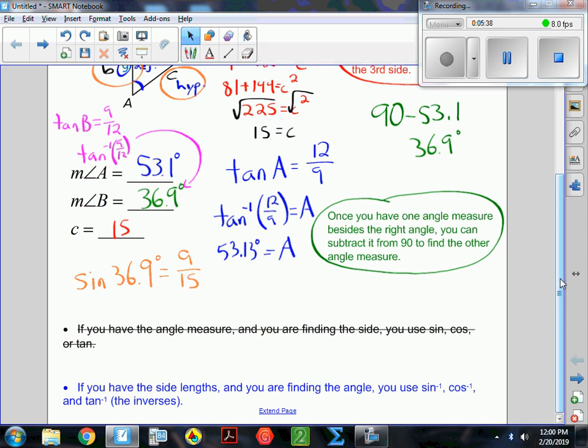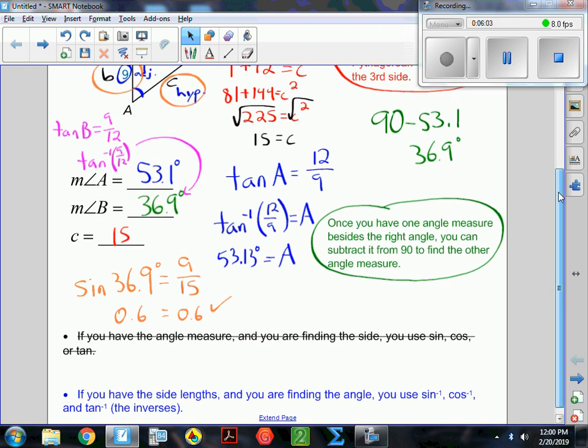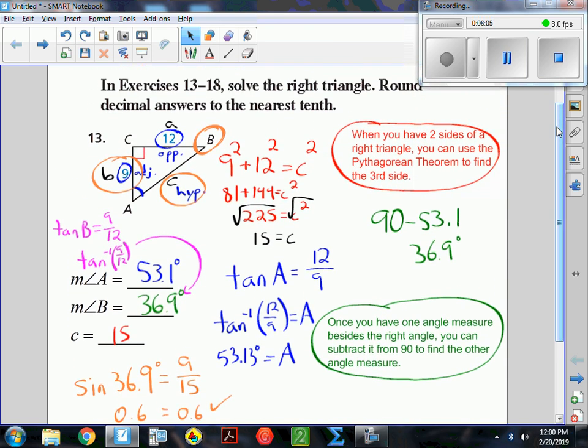And so if you type in sine 36.9 degrees and you type in 9/15, you should get about the same number. So 9/15 was 0.6. Sine of 36.9 is 0.600. And so it's a way to check. I used two numbers that I had to find. I had to find C and I had to find angle B as a way to check that all my other math was working out.